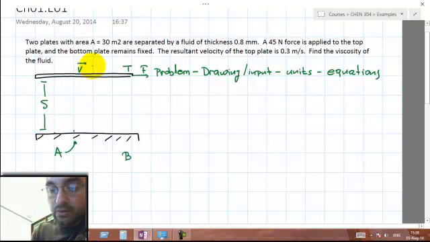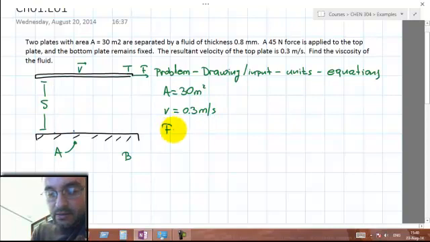So all my input is A equal to 30 square meter, the velocity magnitude is equal to 0.3 meters per second, force 45 Newton, and it's good also to cross out whatever you use.